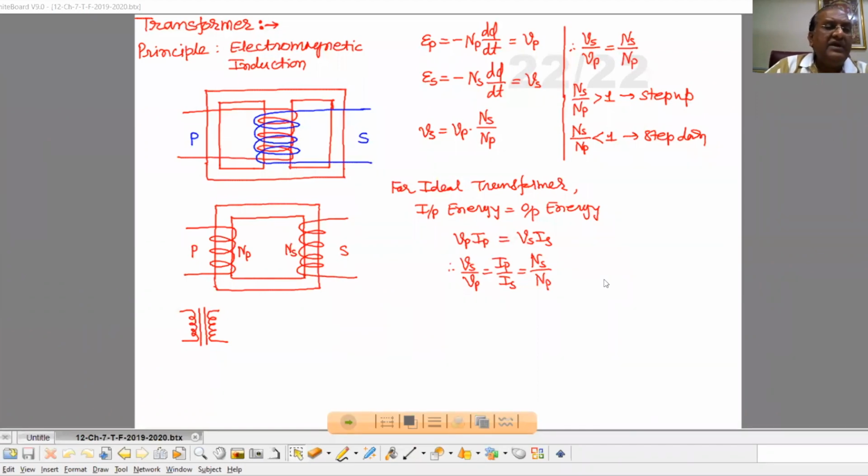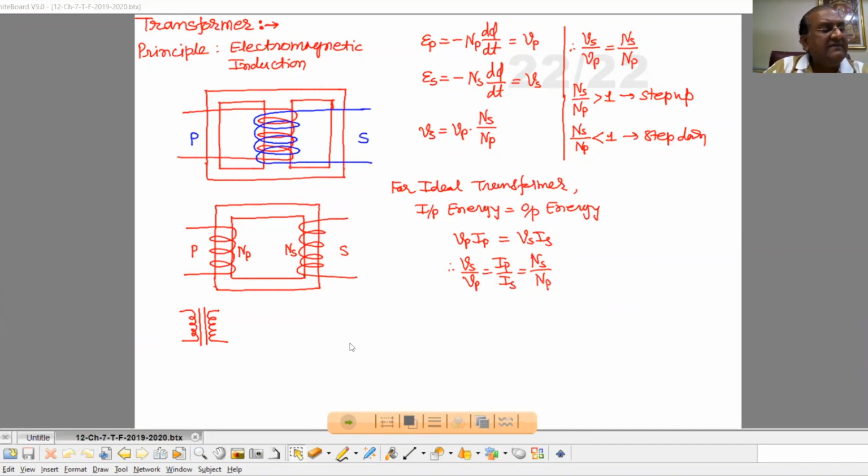There is always some flux leakage, that is, not all of the flux due to the primary passes through the secondary. Due to poor design of the core or an air gap in the core, it can be reduced by winding the primary and secondary coil one over the other. So this design is good compared to this one.